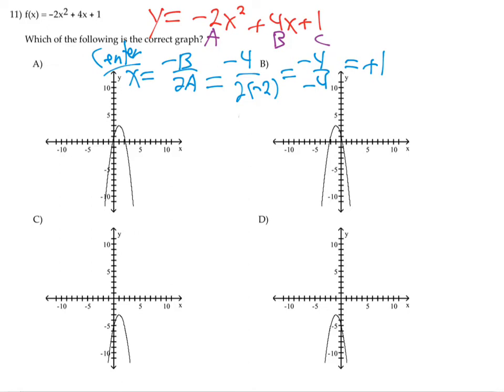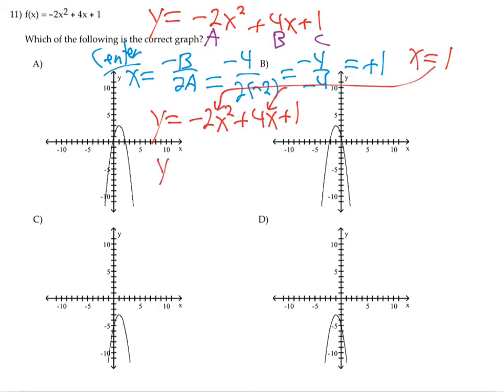Now you plug that 1 in, remember? So I go back and say, okay, I've got x. x is 1. So now I take y equals -2x squared plus 4x plus 1, and I plug in that 1. Remember, when you plug into a function, you put parentheses around whatever you're plugging in.